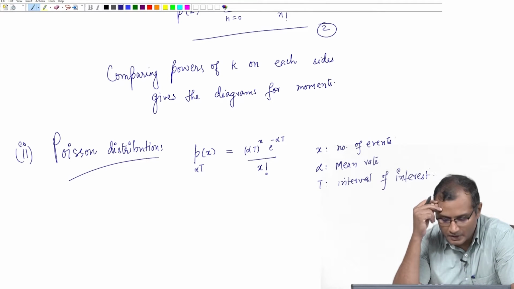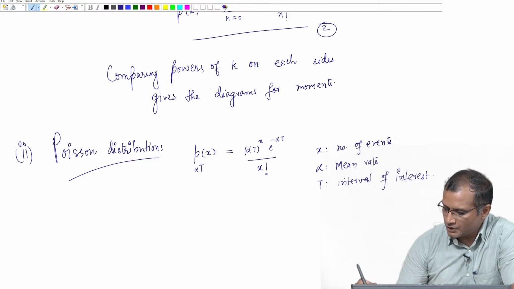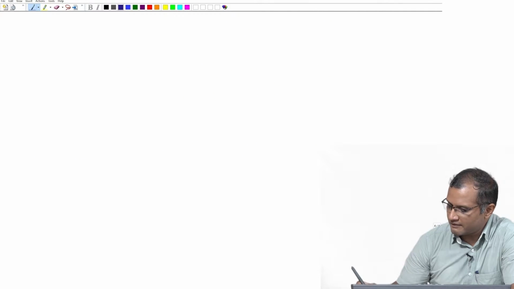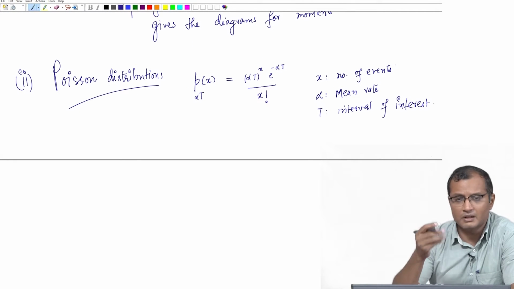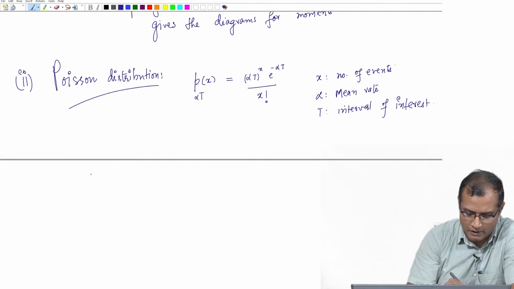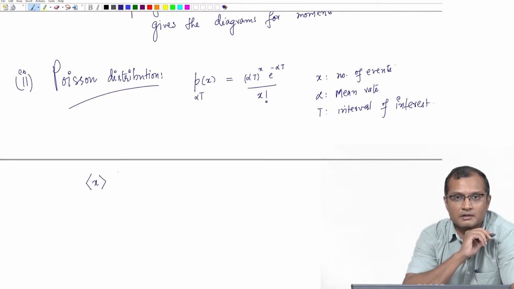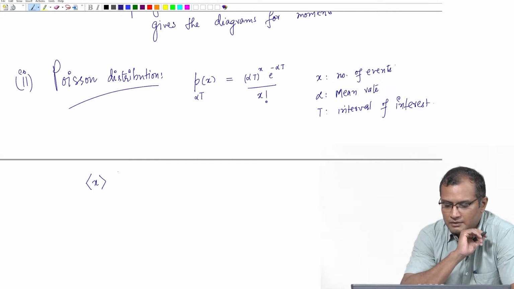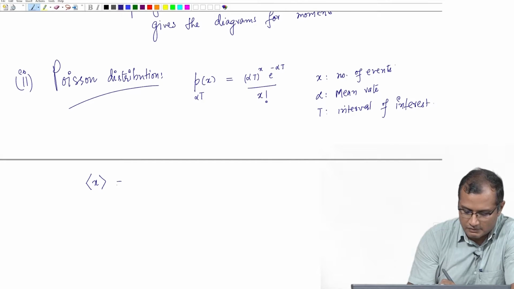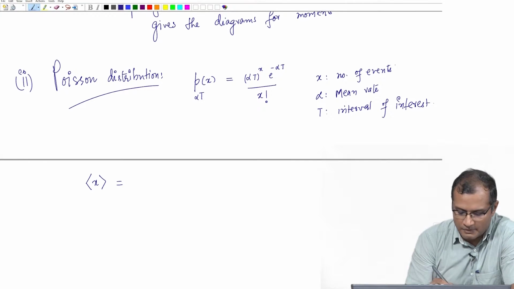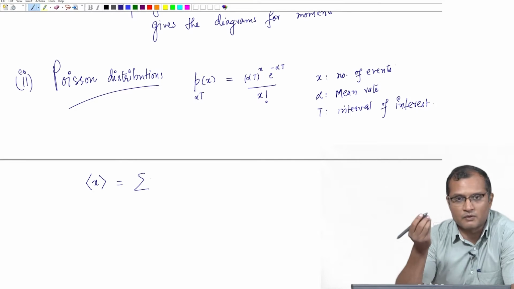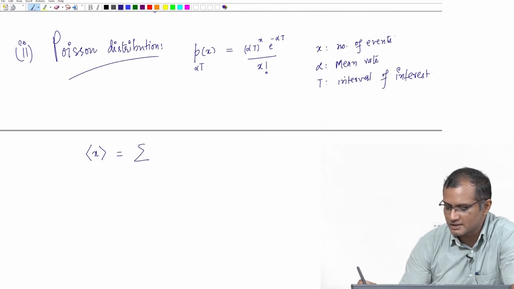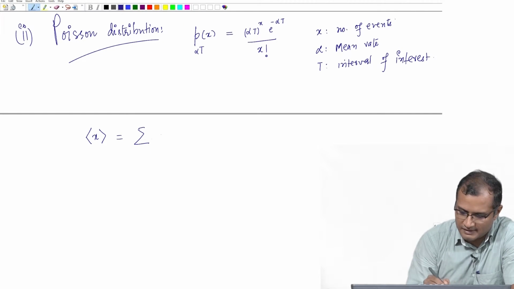Okay. So, now if you want to compute averages in this distribution, so you want to know what is the average x, then you basically have to sample x in this distribution, that is a brute force. There is one method like we discussed for the Gaussian distribution. So, you sample x in this distribution.